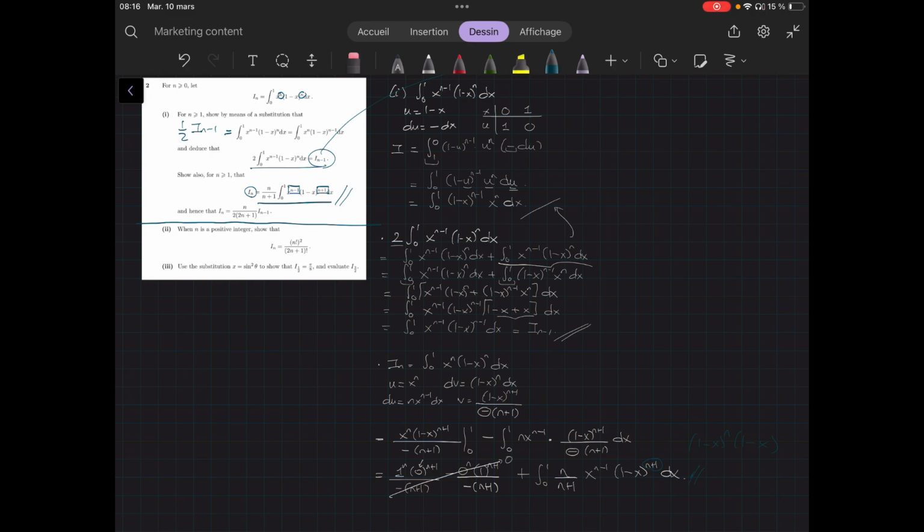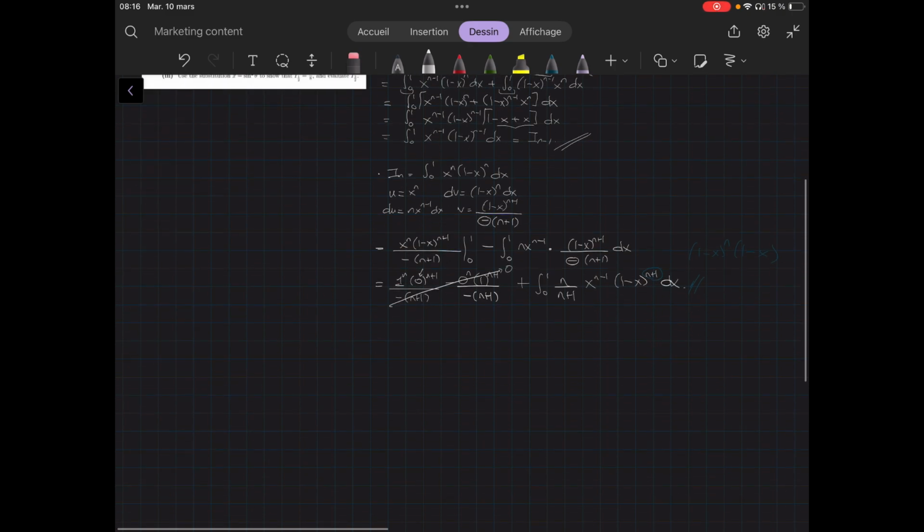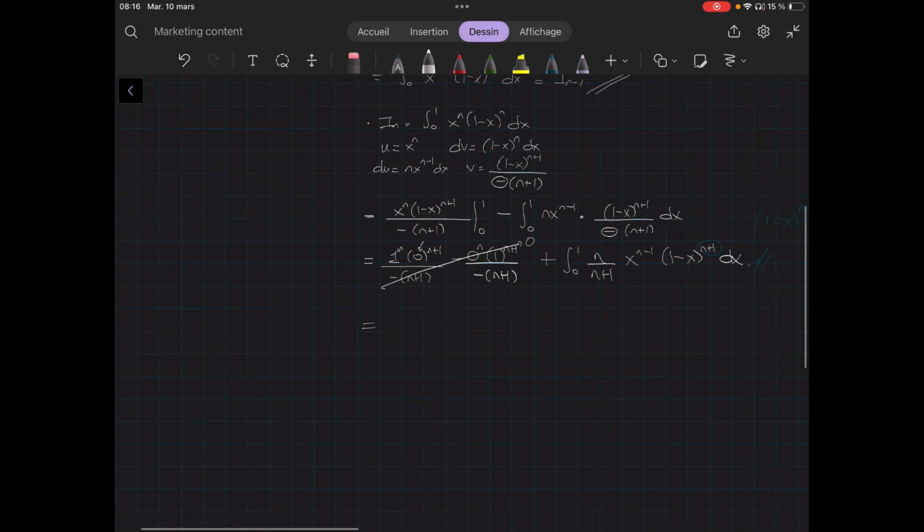So let's actually do that. Carry on with this guy. Integral from 0 to 1, n over n plus 1, x to the n minus 1, 1 minus x to the n times 1 minus x dx. Now we are going to expand this.